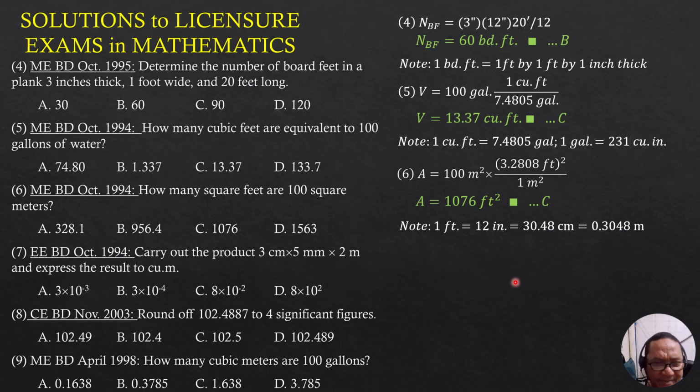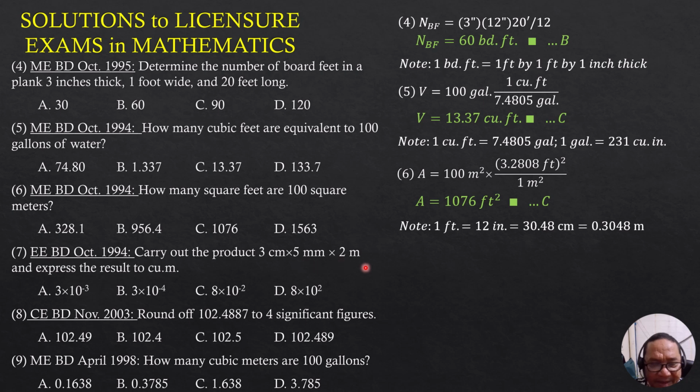We proceed to problem 7. This came out in Electrical Engineering Board exam, October 1994. Carry out the product 3 centimeters by 5 centimeters by 2 meters and express the result in cubic meters. 3 centimeters is 0.03 meter because 1 meter is 100 cm. 5 mm is 0.005 meter because 1 meter is 1,000 millimeters.